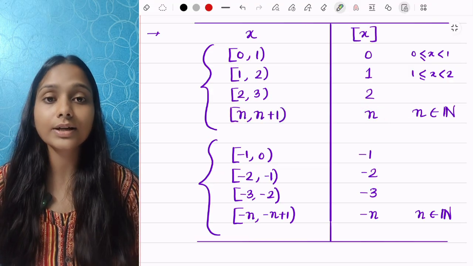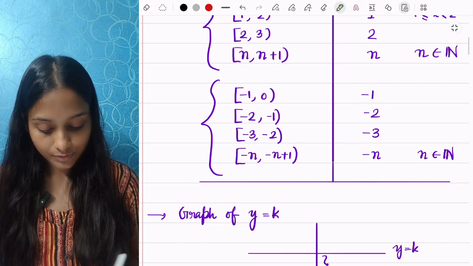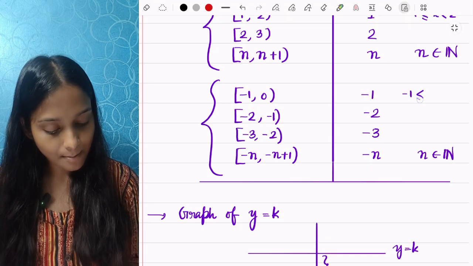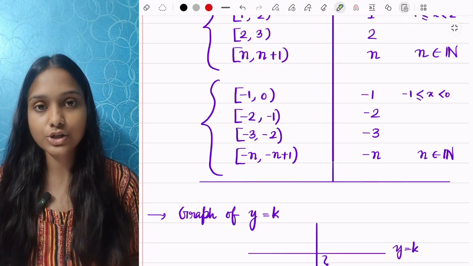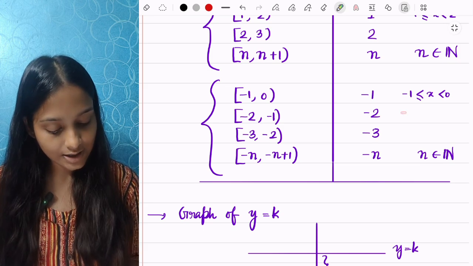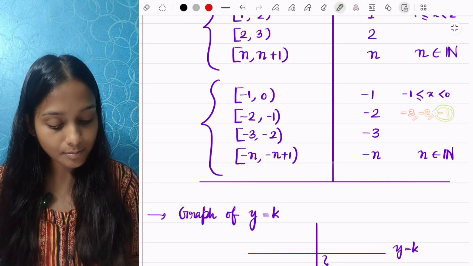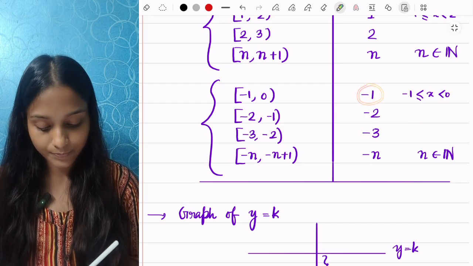Now let us move to the negative side of the x-axis. So for that, if x lies in the interval -1 to 0, there are many integers which are less than this, like -3, -2, -1, and among them -1 is the greatest. So this value will be -1.